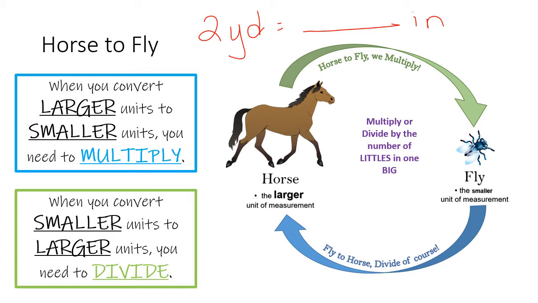We're starting with yards. Is that going to be our horse or our fly? Well, yards is bigger than inches, so yards is going to be our horse. So we are going from our horse to our fly. So horse to fly, we multiply. And we always multiply by the number of littles in one big. So let's think about this. How many little inches are in one big yard?